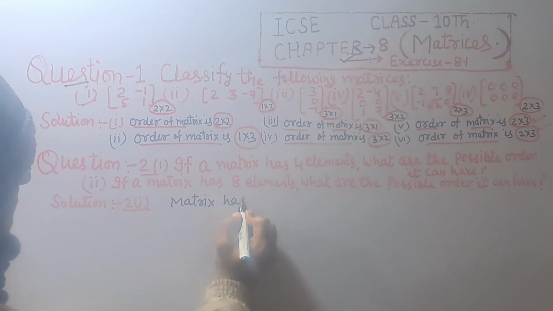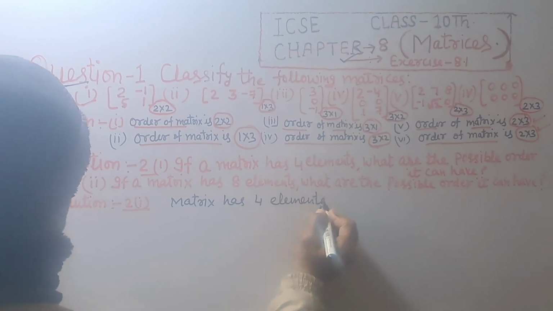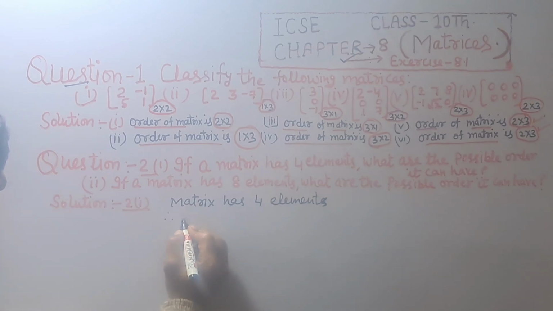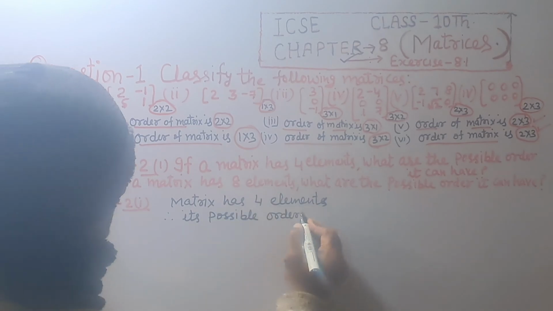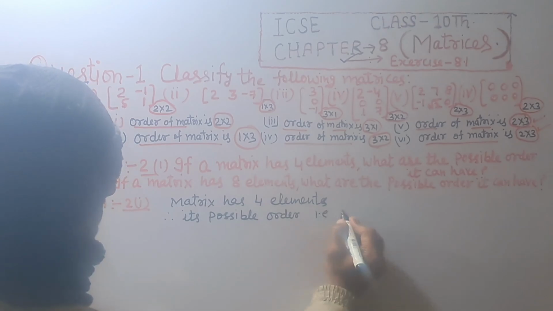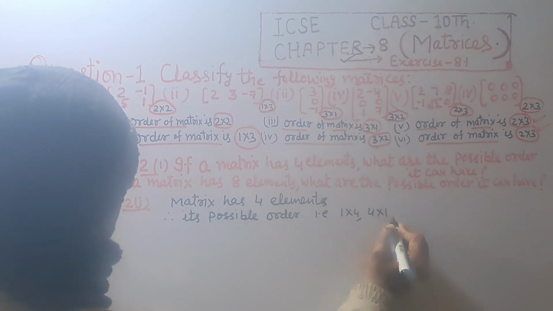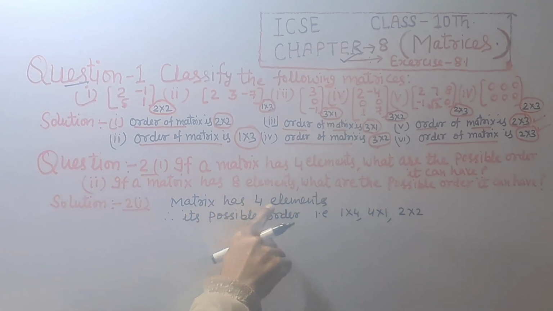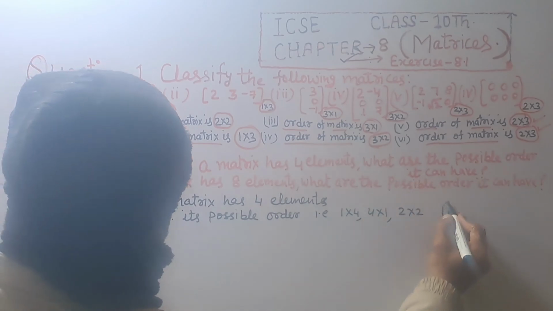Matrix has 4 elements, so its possible order, that is 1 into 4, 4 into 1, and 2 into 2. Its possible order is 1 multiplied by 4, 4 multiplied by 1, and 2 multiplied by 2. Answer.